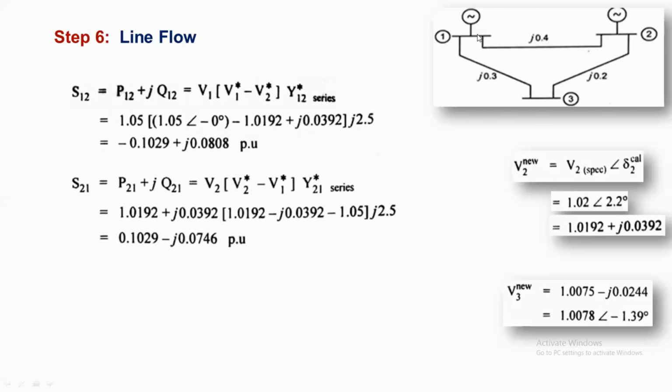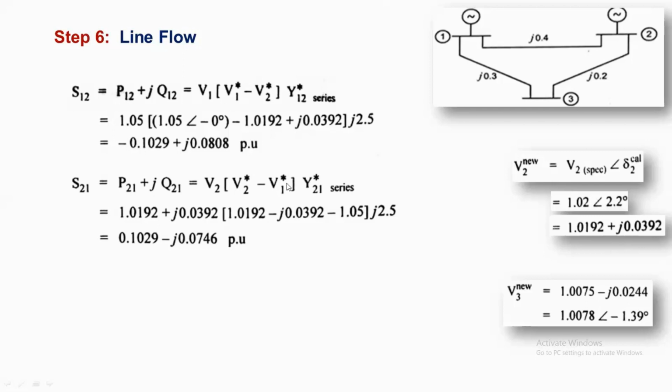Then in the reverse direction, S21, P21 plus jQ21 is equal to V2 star minus V1 star, Y21 series star. Here V2 is this value. Then V2 star is the conjugate of this value, putting a minus sign.